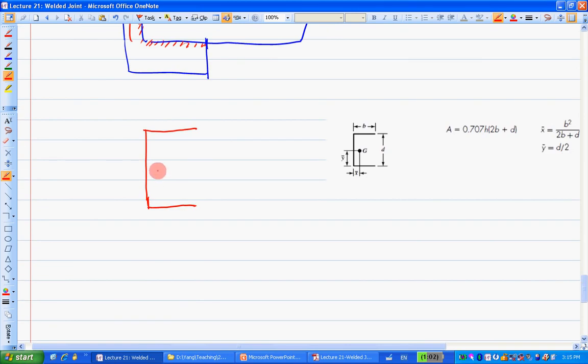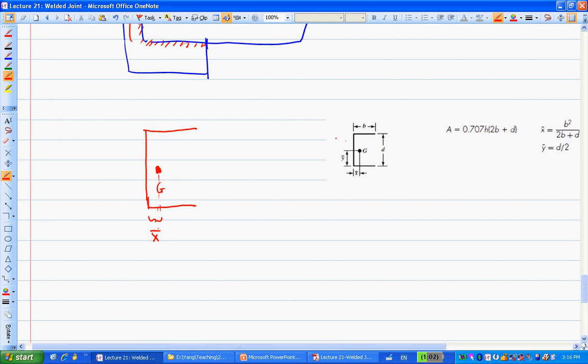So basically your centroid is somewhere over here. Okay, centroid is here, and this is X bar like this, right? This is X bar like this.